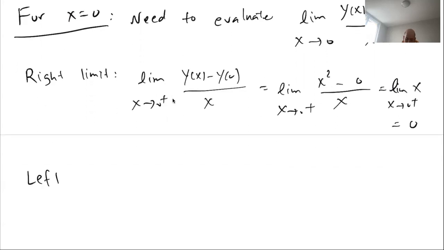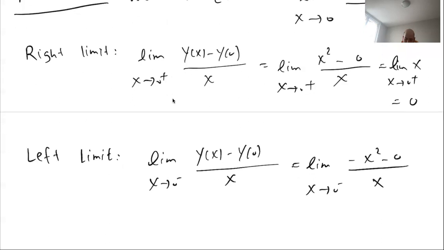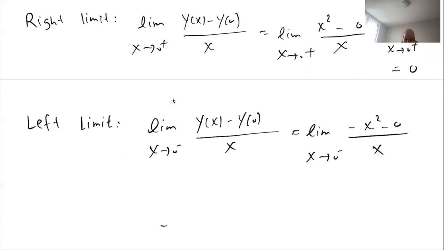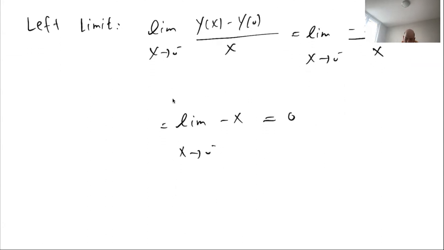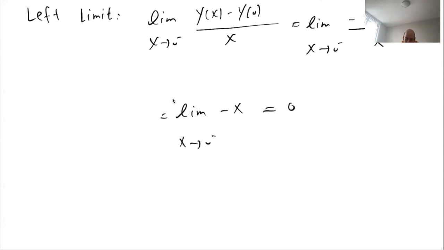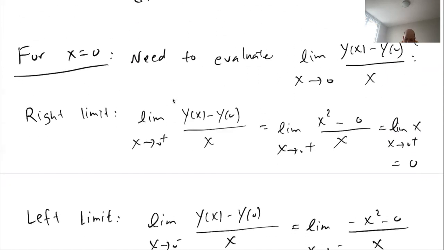For left limit, limit of y of x minus y of 0 divided by x, as x approaches 0 minus. This is limit of minus x squared minus 0 divided by x, as x approaches 0 minus. This is limit of minus x as x approaches 0 minus. This is also 0. So that means, let's call this one limit star.